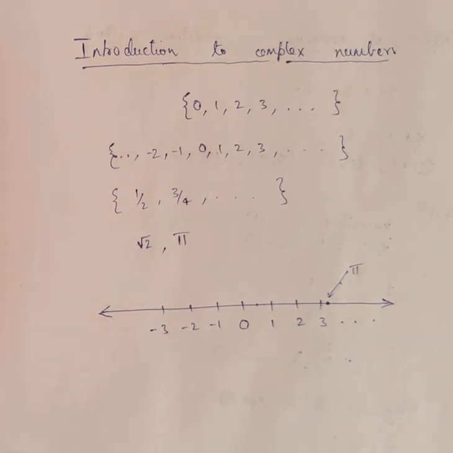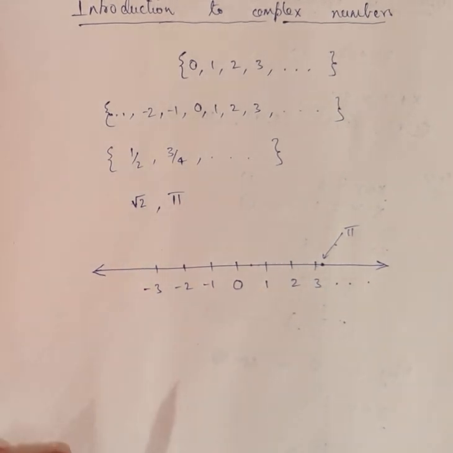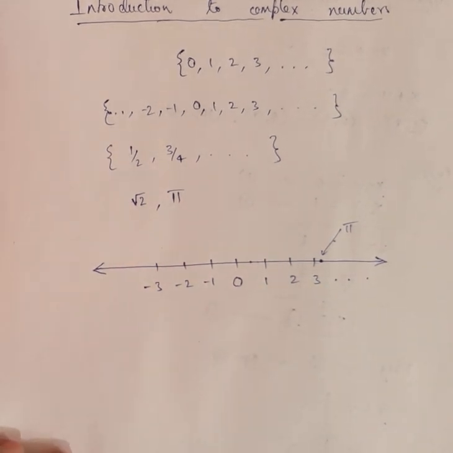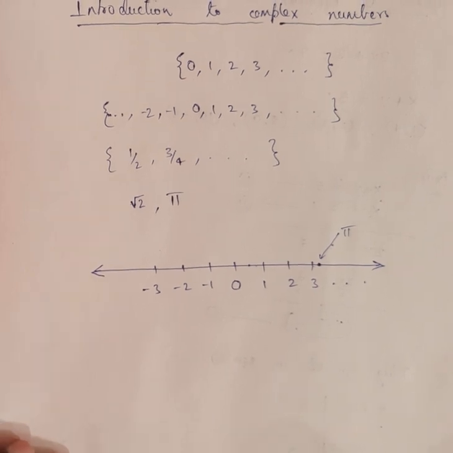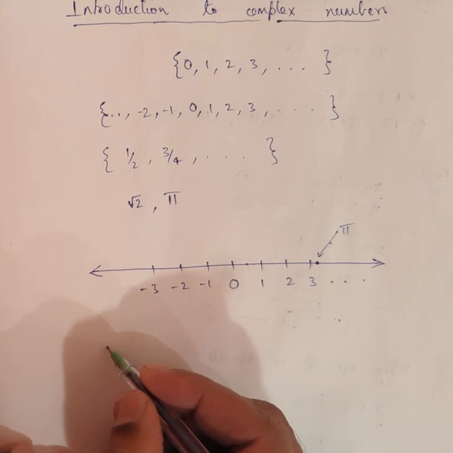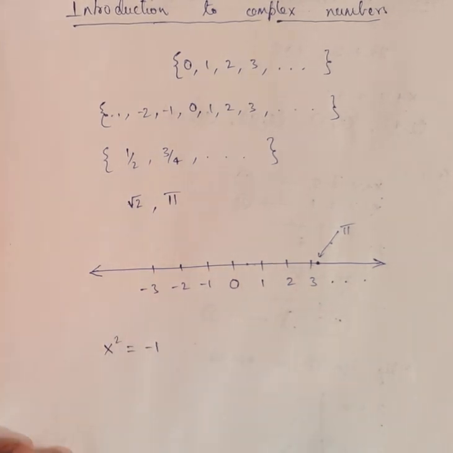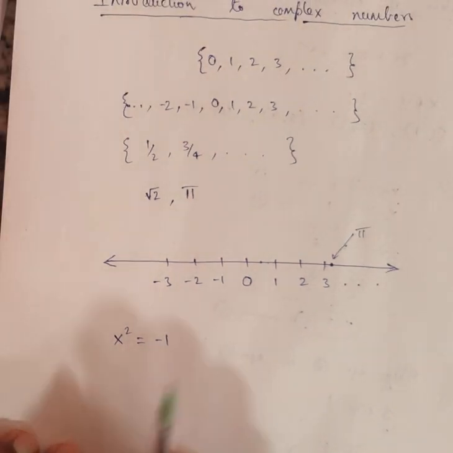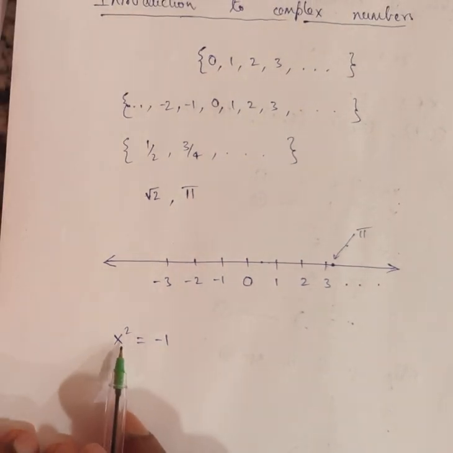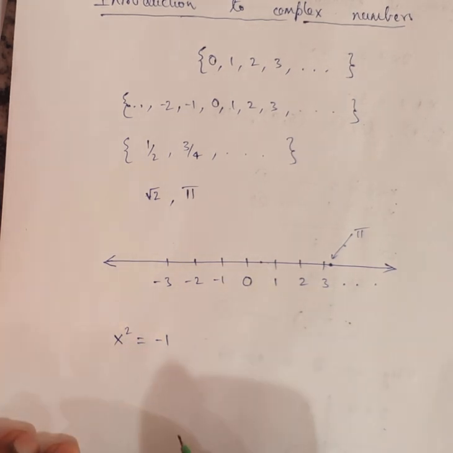Now, as it turns out, real numbers are not enough to explain more concepts. For example, if you want to solve this equation, x squared equals -1. You cannot solve it with any real number because every real number, when you square it, is going to become positive.